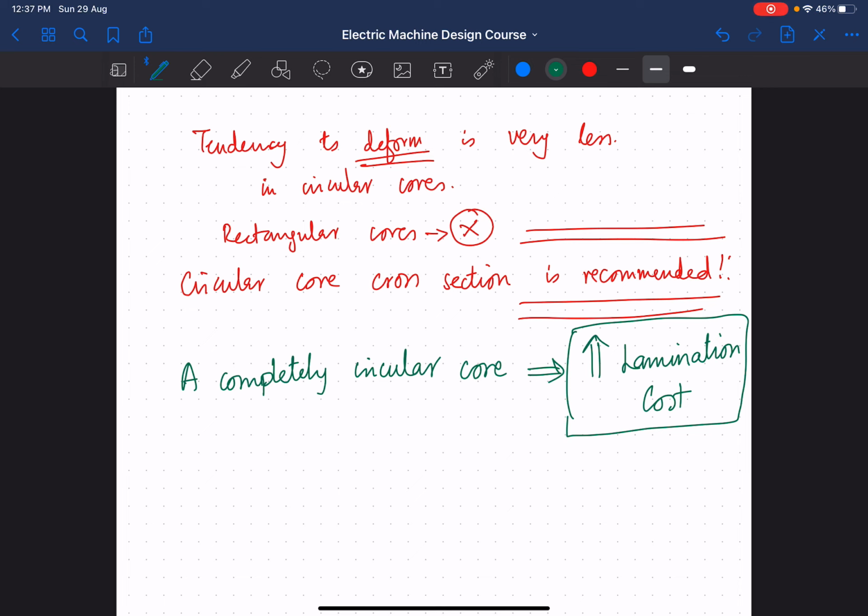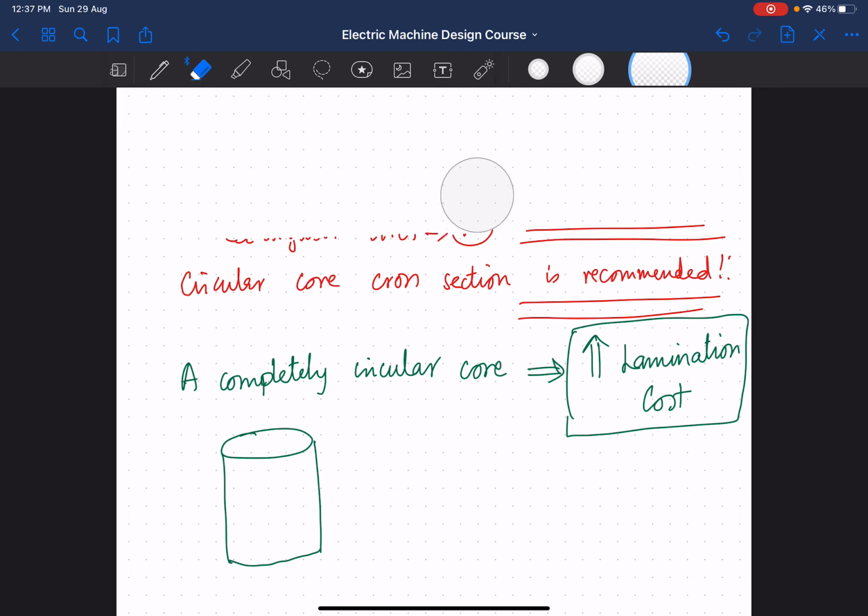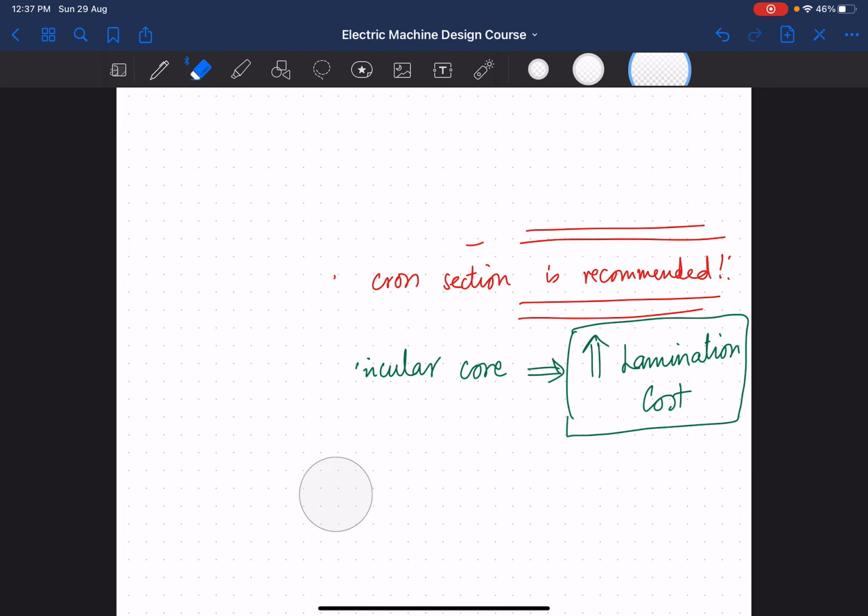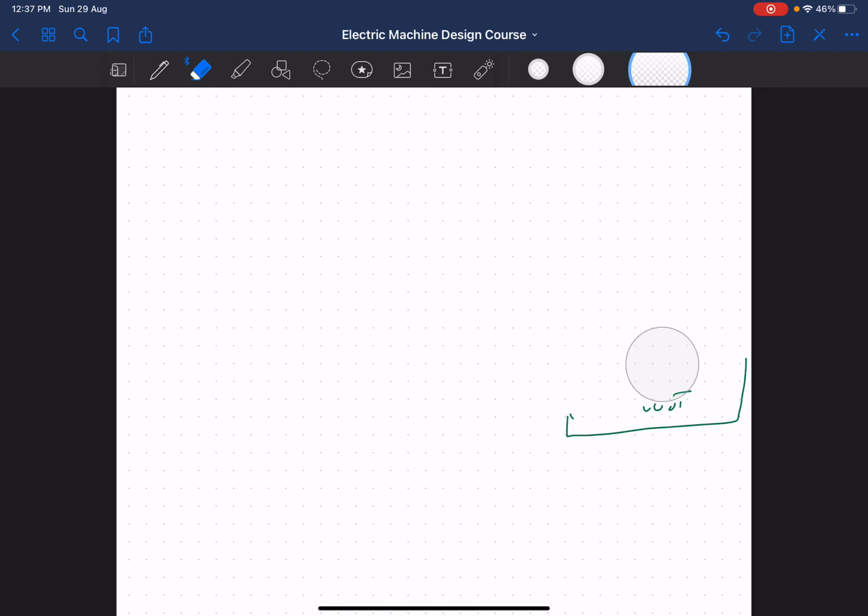So the circular core has the advantage that it gives you lesser conductor cost, and it also prevents these deformation forces, but the drawback is that it leads to an increased lamination cost. So what is done? A compromise.